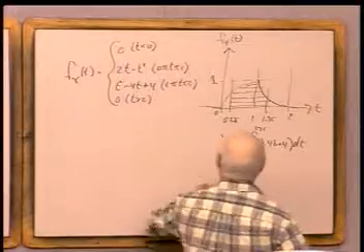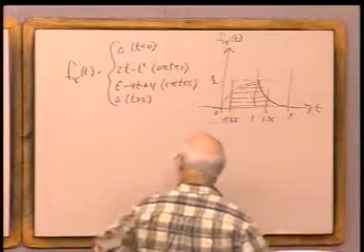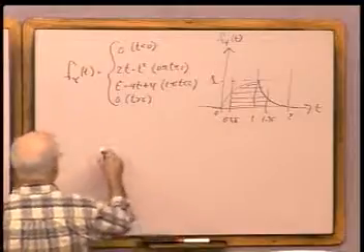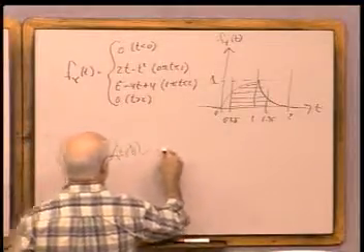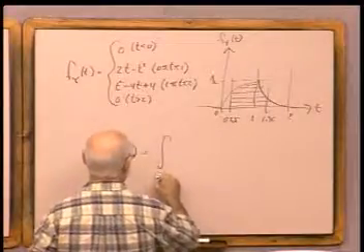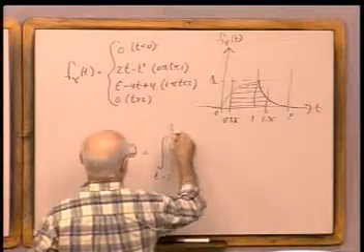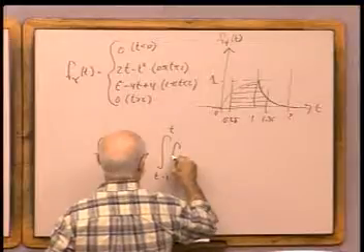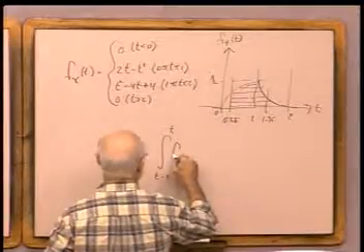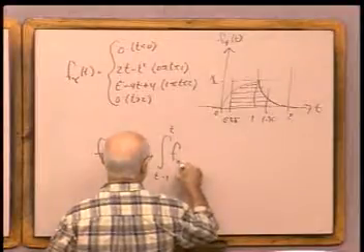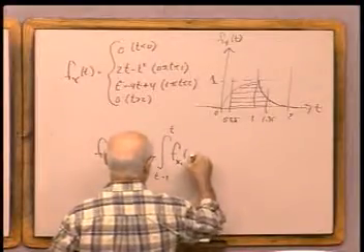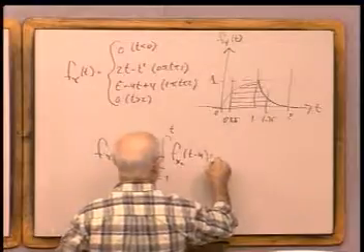Let me go back. We saw that the density function, after we simplified, was the integral between t minus 1 and t of the density function of x2 evaluated at t minus u.